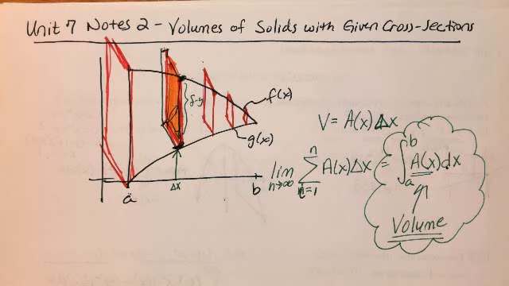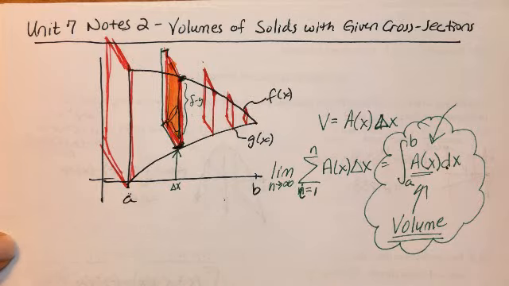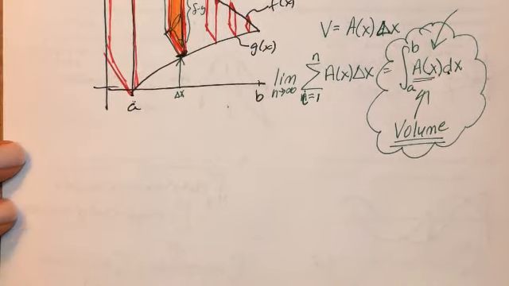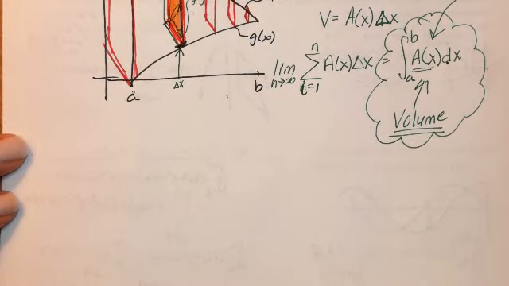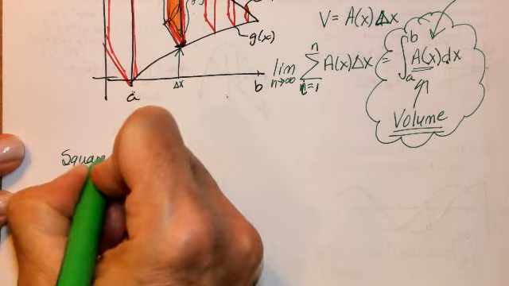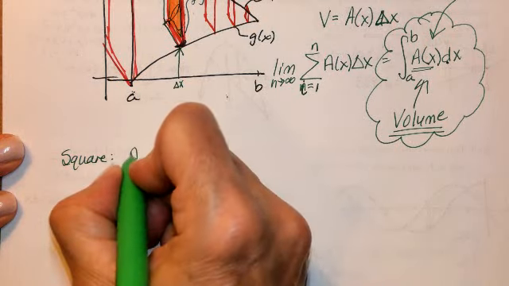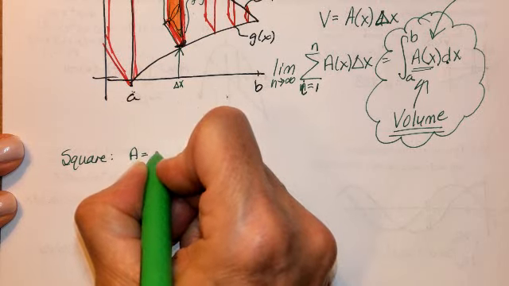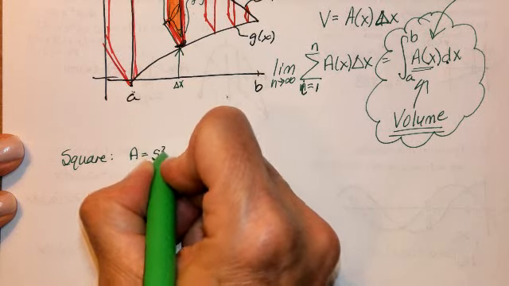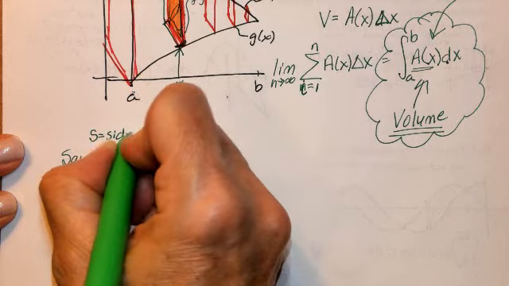Okay, so because our volume is so much based on area, we need to review some of the areas of different figures that you might come across. So let's start with square. With a square, we know the area of a square is just side squared, right? I'm going to let S be a side.